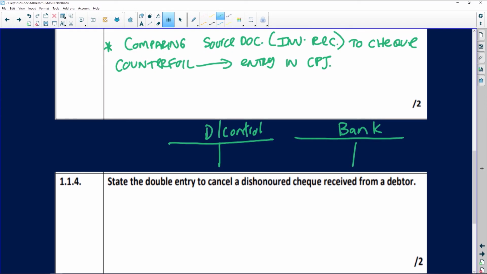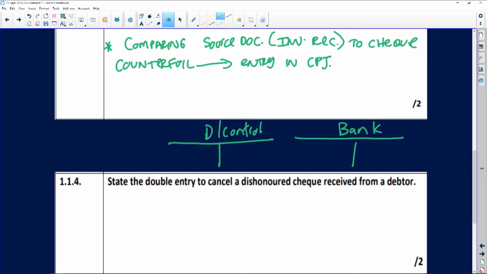So debtor's control, remember the debtor needs to owe you that money again because he didn't really pay you the 300 Rand in our case. So obviously debtor's control must be debited because by debiting debtor's control, he now owes you the 300 Rand.